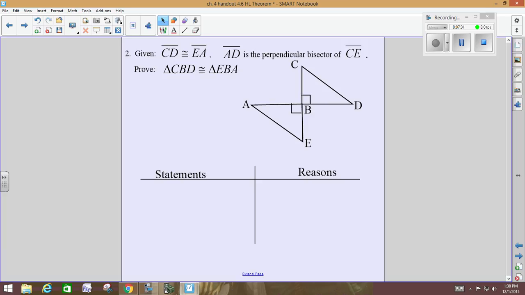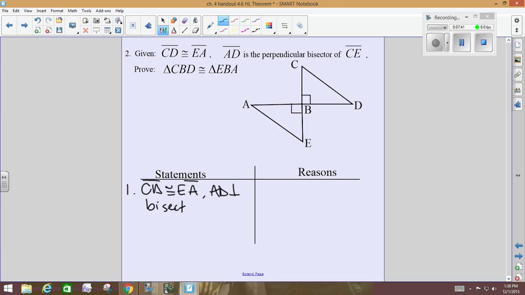All right. So given to us here, CD is congruent to EA. AD is the perpendicular bisector of CE. So after we write the given, then what do we have to do?